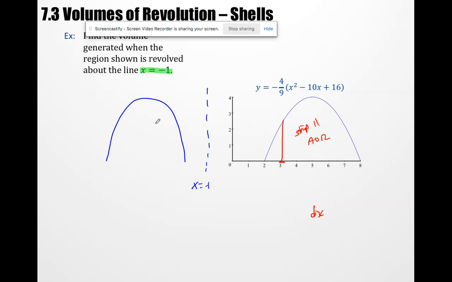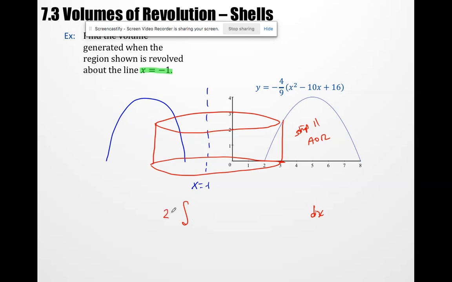Draw the image of your strip and spin. Ooh, I'm off center, aren't I? That is a really thin cylinder. Its surface area, you're going to add a bunch of them. The surface area is 2 pi times the radius times the height.